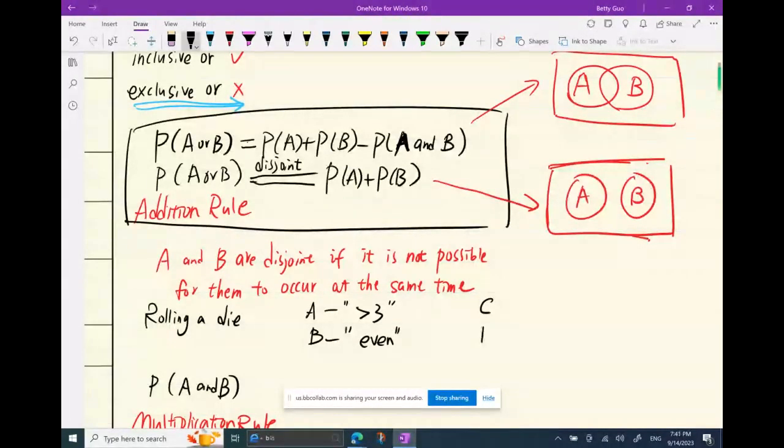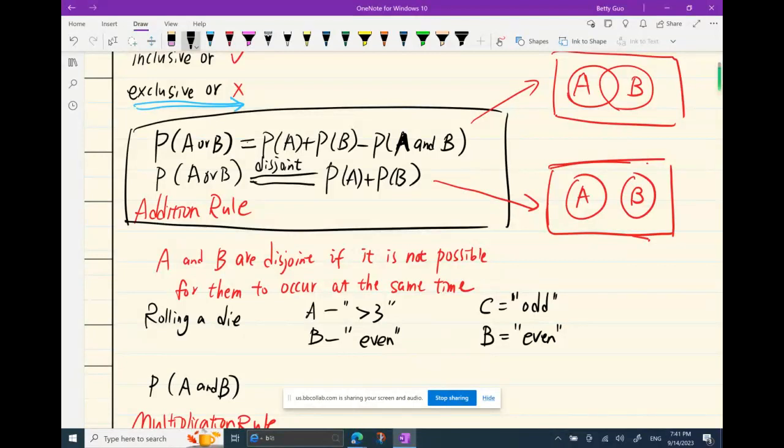And I'm going to give you C and D as well. If I let C be the event that we get an odd number, and D, I'm going to use B again because I have B already, is the event that we get an even number.